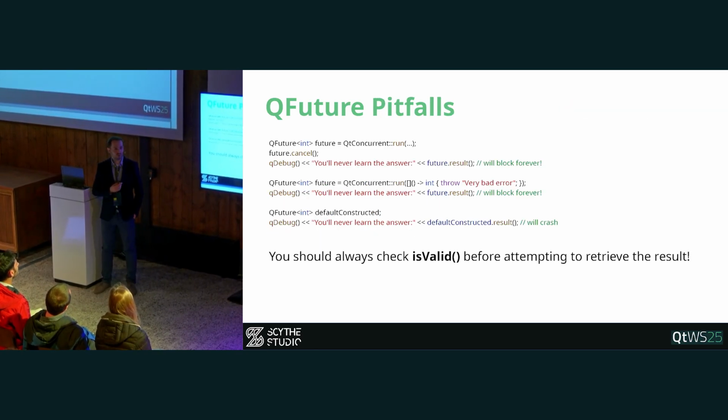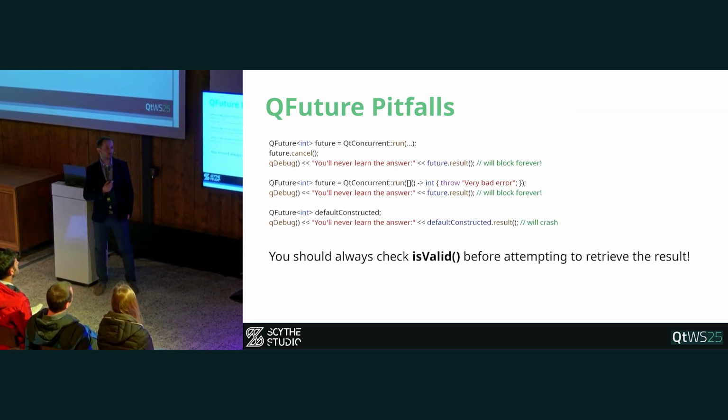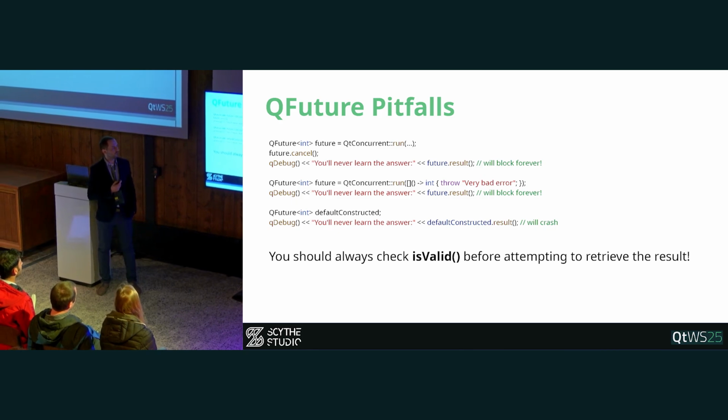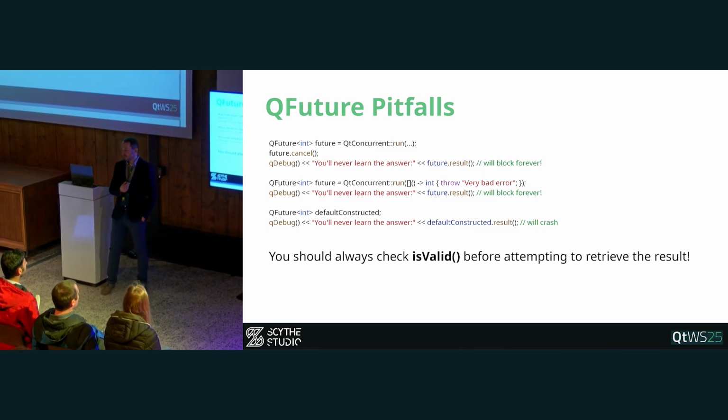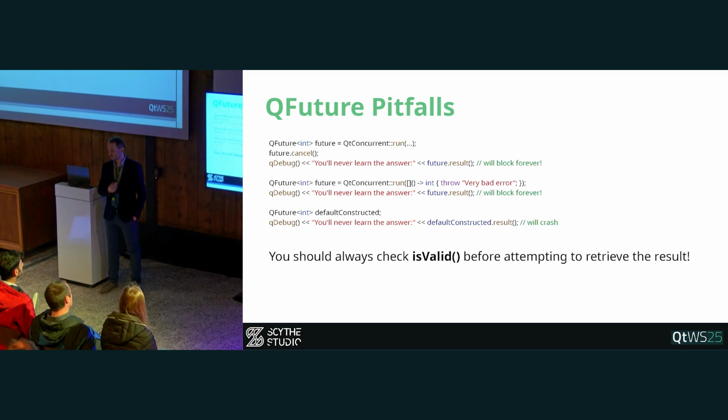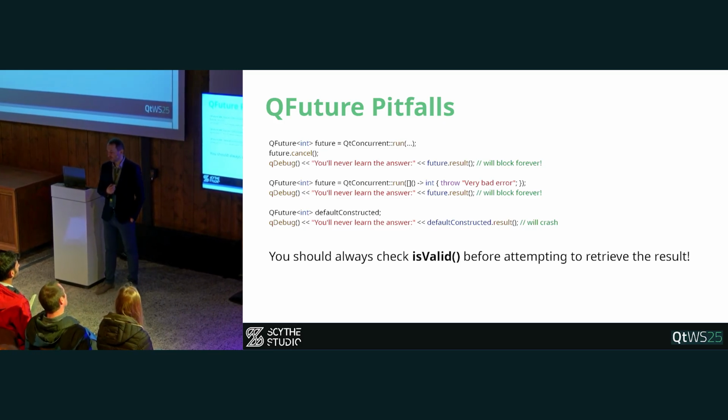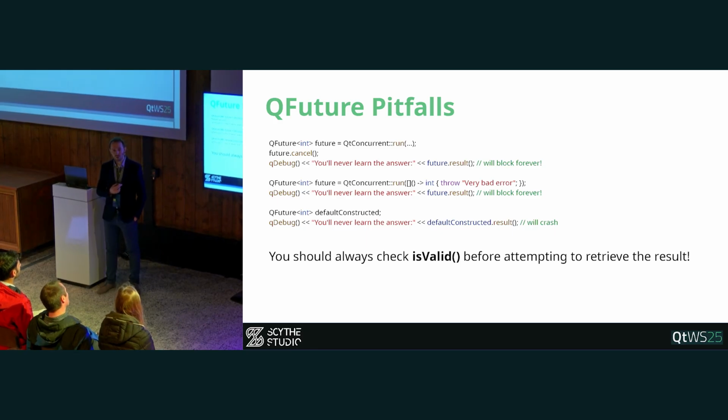Unfortunately, there are many pitfalls to QFuture. If you go into details, there are many corner cases. I don't have time in this talk to describe all of them, so I will just mention some major ones. One pitfall is that it is not always safe to call the result method.